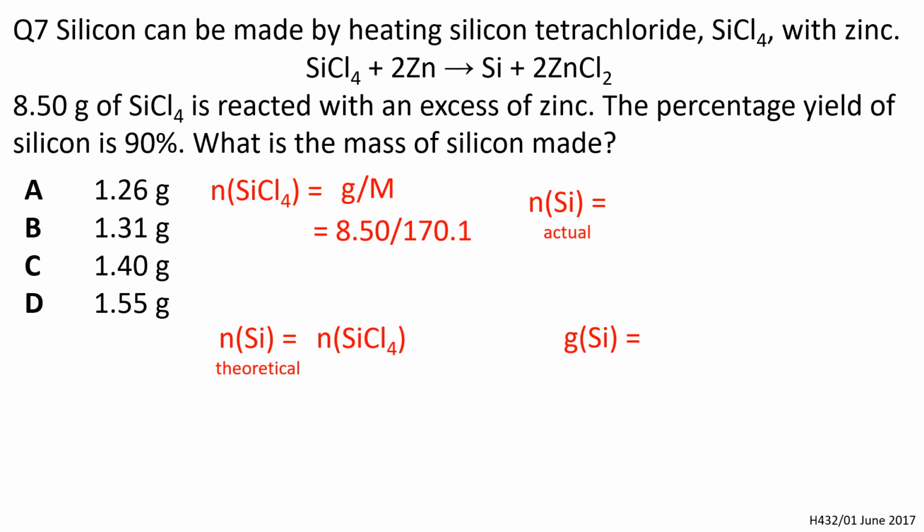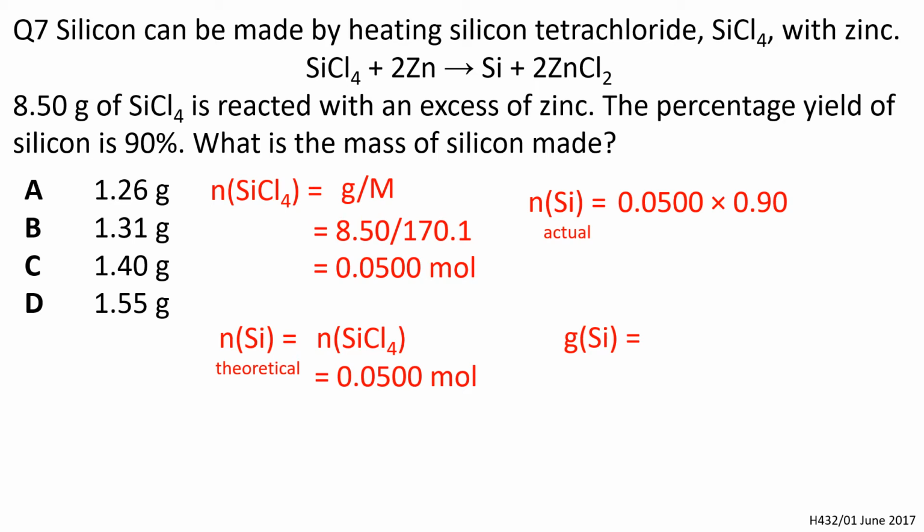So yeah, going back to the first bit there, we've got 8.50 divided by 170.1, working out the molar mass of SiCl4 is 170.1. Gives us 0.0500 moles. So they're being quite kind with the way that the numbers have worked out, because this is a multiple choice question. So because it's a 1-to-1 reaction, we've also got the amount of silicon that you would have theoretically.